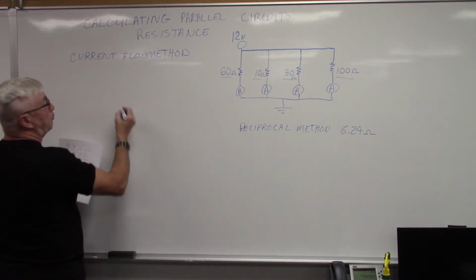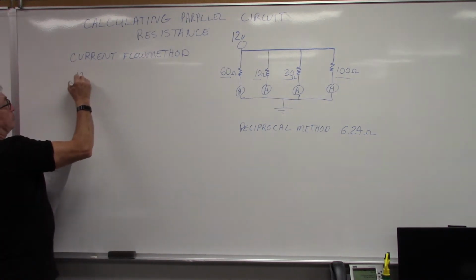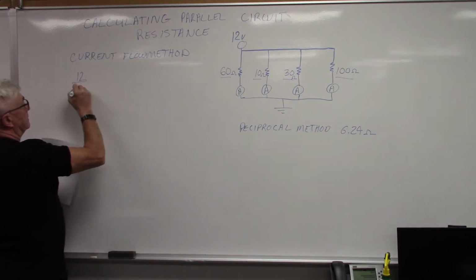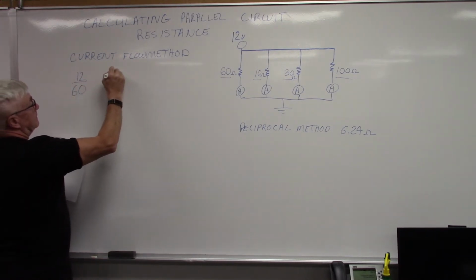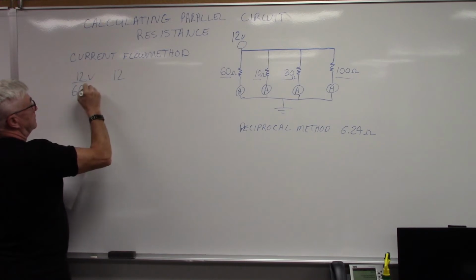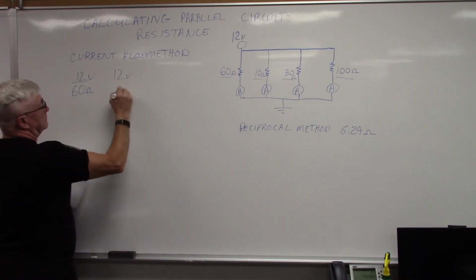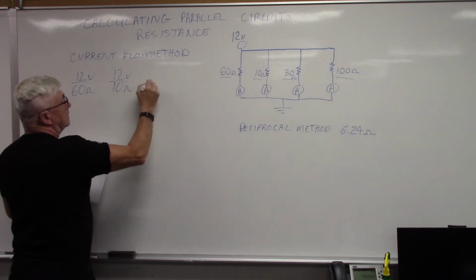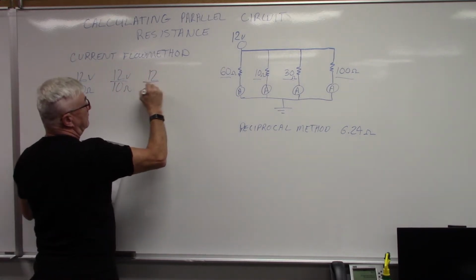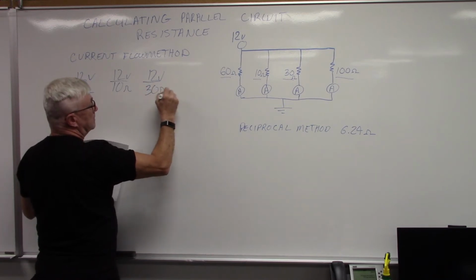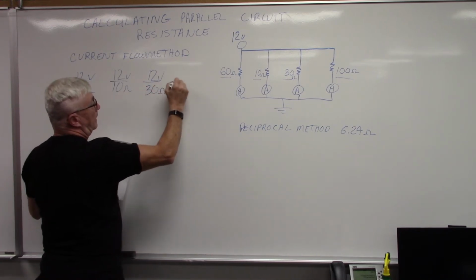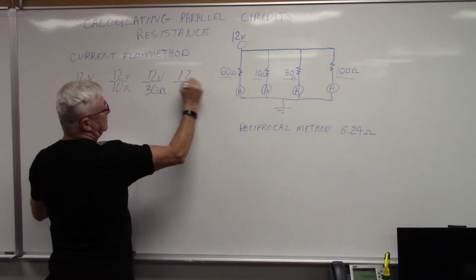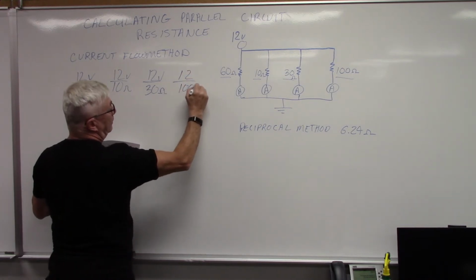So we end up with 12 volts divided by 60, 12 volts divided by 10 ohms, 12 volts divided by 30 ohms, and 12 volts divided by 100 ohms.